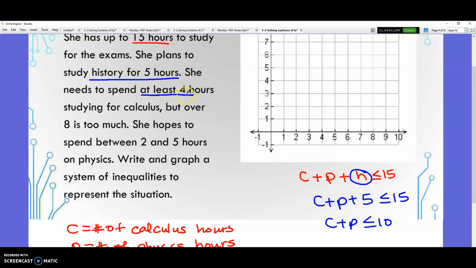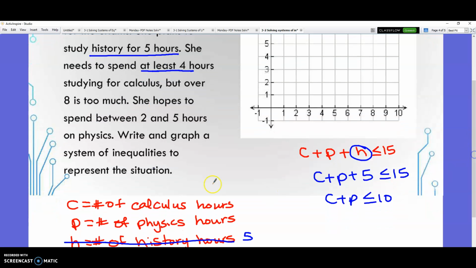At least 4, so greater than or equal to 4, but over 8 is too much. So for calculus, at least 4, but also less than or equal to 8. So here's my first inequality, here's the second one.